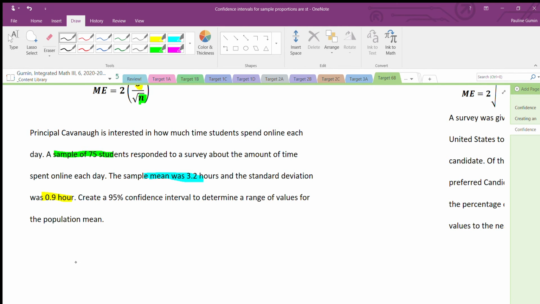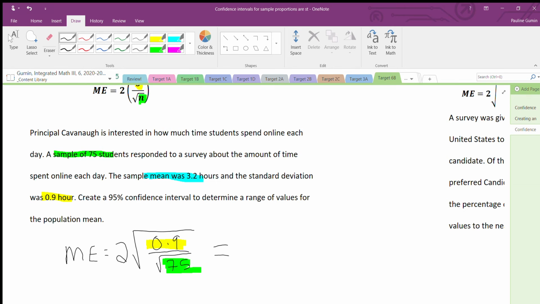Let's calculate that margin of error. All right, so on top we have S, our standard deviation. On the bottom, we have the square root of our sample size.